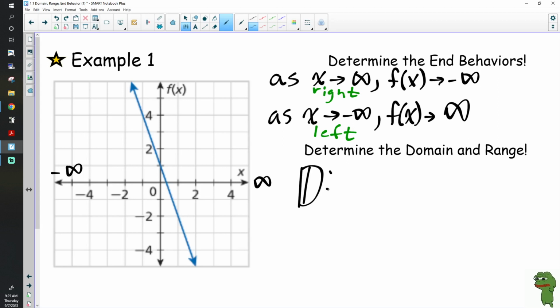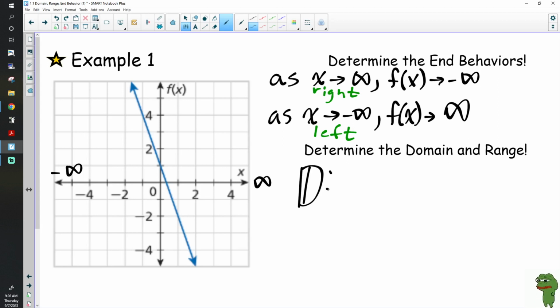So if we look at this graph, how far to the left will this line go? It will go to the left forever, won't it? If you extend it off the wall, through the roof of the ceiling, it'll keep going left forever. Same on the right. This line will continue going to the right forever. So you can think about, when is this function open for business? How far to the left will it go? Forever.